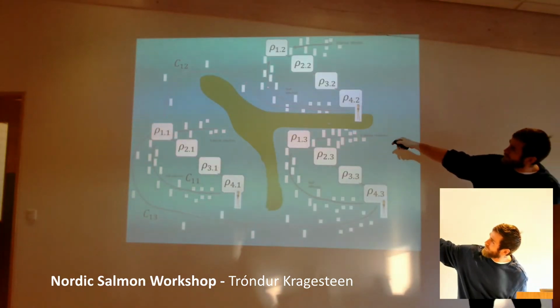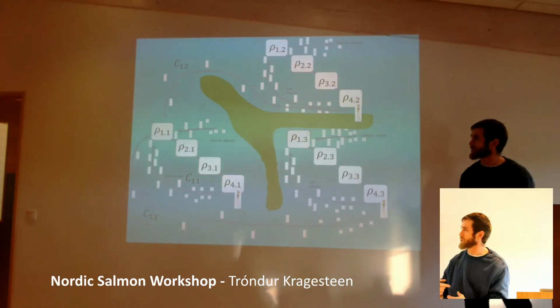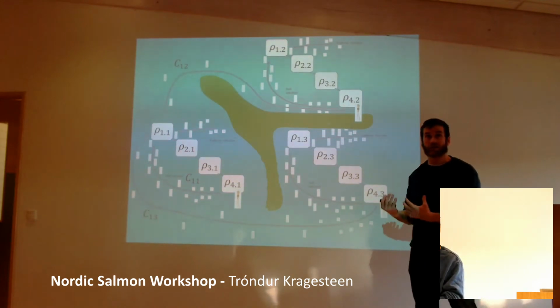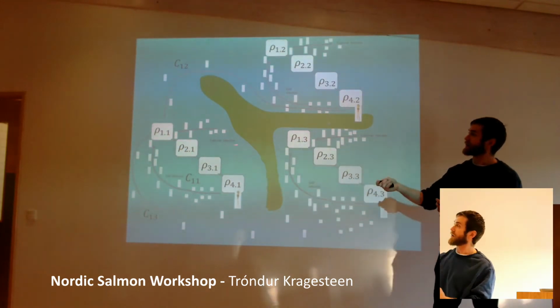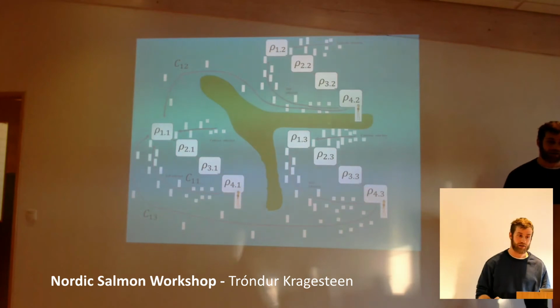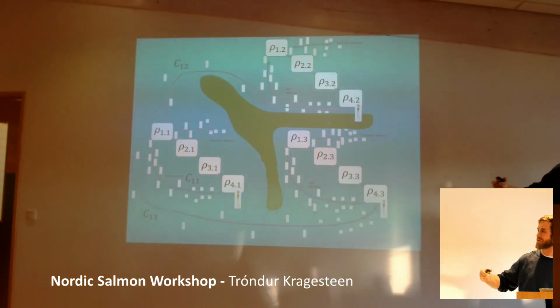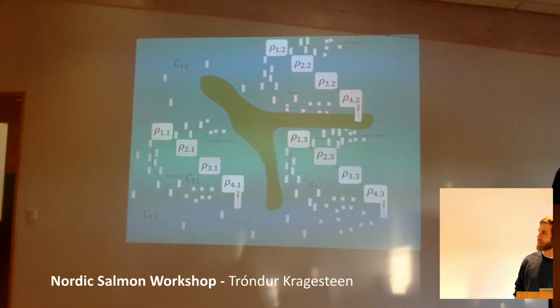Yeah, they go from farm 2 also to farm 1. So we can use the dispersion model to also estimate how many lice come from the other farms and use that information in population dynamic settings.